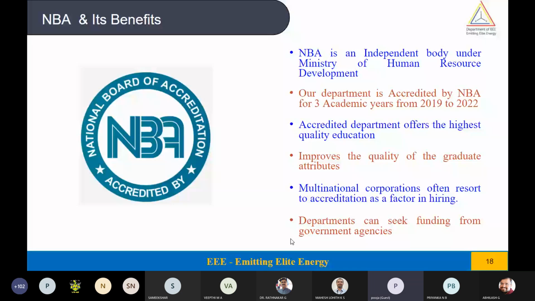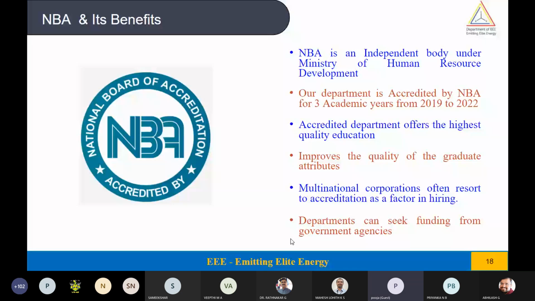They have given us certification for a period of 3 years, from 2019 up to 2022. They come to campus, they stay, and they see how the program is offered to the student, how teaching is done, how the curriculum is rendered, and how students are evaluated. It's a 360-degree evaluation. They evaluate the quality of education rendered by the department.